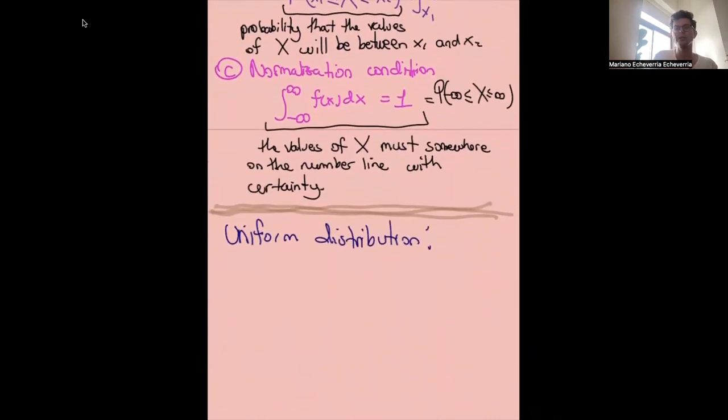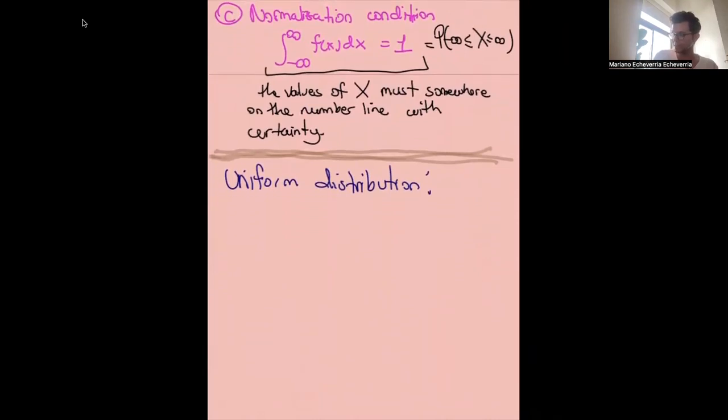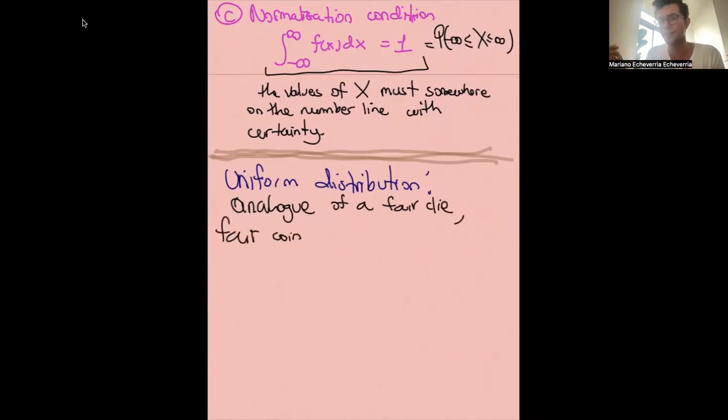It is the analog of a fair die or a fair coin, or any situation where all the probabilities have the same value, where every outcome is equally likely.